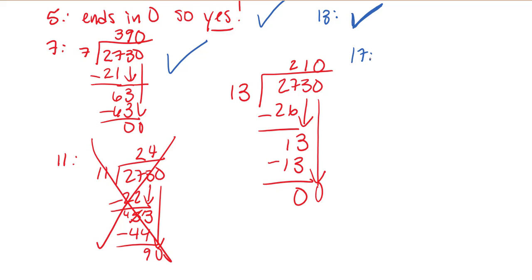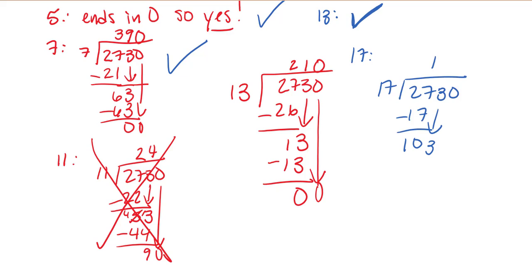Now let's look at 17. 17 can go into 27 1 time. So we get 10. We bring down the 3. Now 17 can go into 103 how many times?